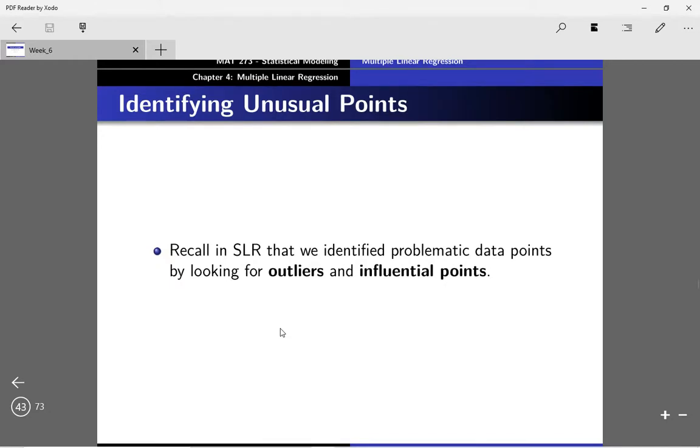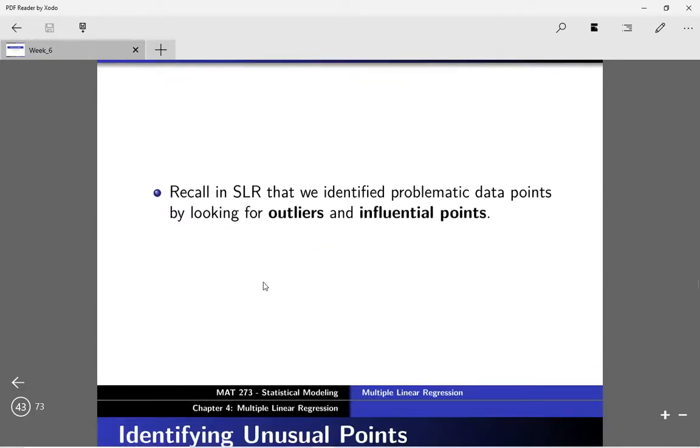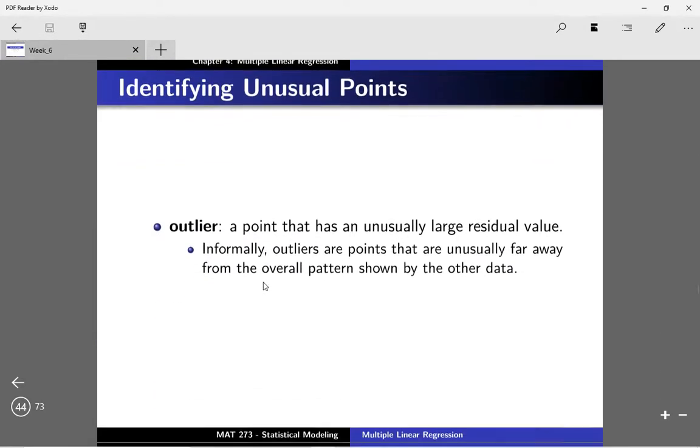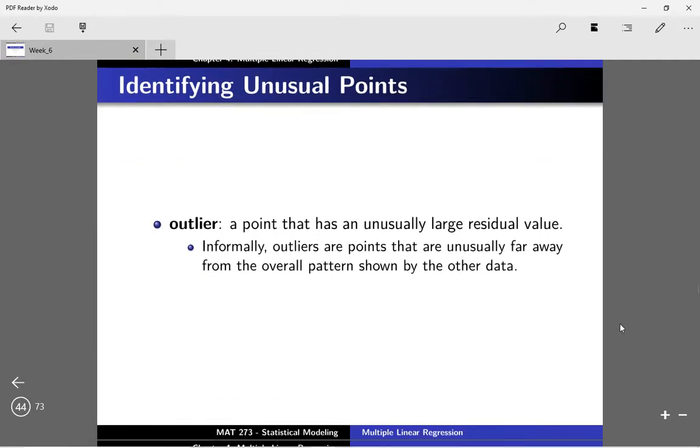So moving on from this model selection discussion, we can also revisit identification of influential or unusual points. Specifically, we're going to be looking for outliers and influential points here. As a reminder, an outlier is a point that has an exceptionally large residual or error value.